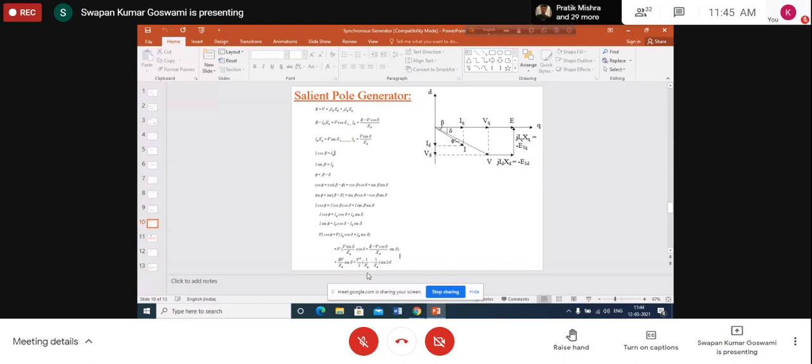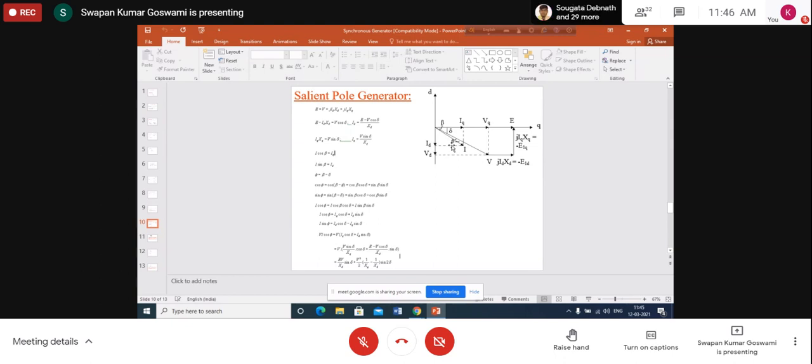Now, how similar is this expression with respect to the expression for active power for cylindrical rotor machine? What is the similarity and where is the dissimilarity? Because our intention is not to simply draw the phasor diagram, because we want to see how much the behavior of cylindrical rotor machine can be actually said to be the behavior of salient pole machine also.